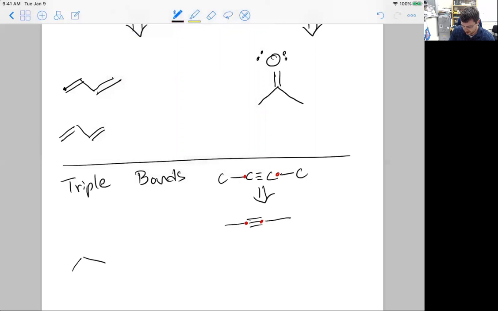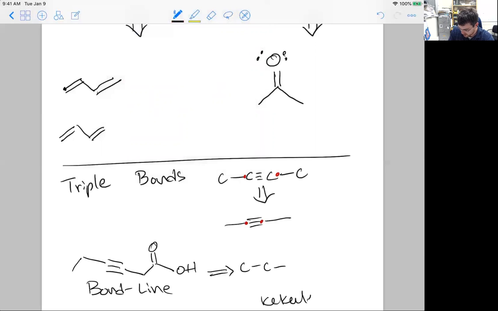So if I had something like this, a really complicated molecule, I could convert it from the bond line structure. Sorry, let me regroup and tell you I'm converting from a bond line structure to a Kekulé structure. I hope I have room for all of this.